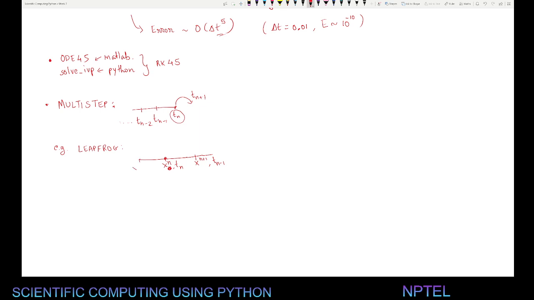But in leapfrog, you add to this point, xn minus 1, tn minus 1. So your xn plus 1 is xn minus 1 plus something. So now the step is 2 delta t, and what you use here is this midpoint, which is xn.